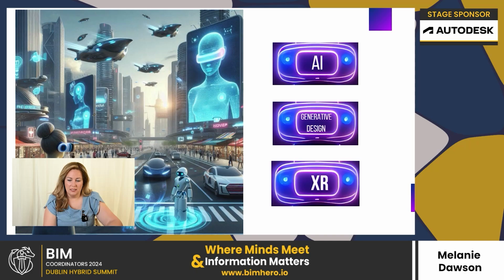So let's get into it then, starting with a brief overview of AI, generative design and XR. Artificial intelligence, or AI, refers to the simulation of human intelligence in machines. These systems are designed to perform tasks that typically require our human intelligence, our problem-solving skills. Things such as reasoning, problem-solving, perception and language, lots of different types of digital understanding.